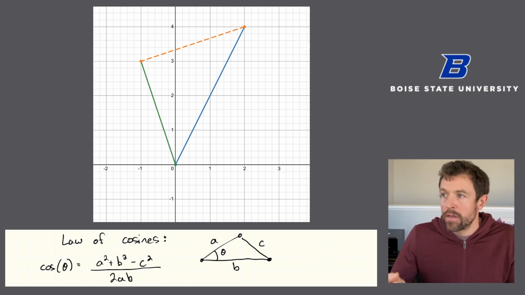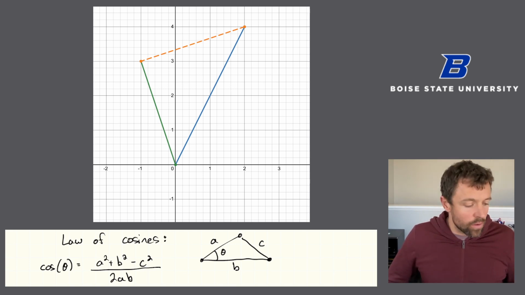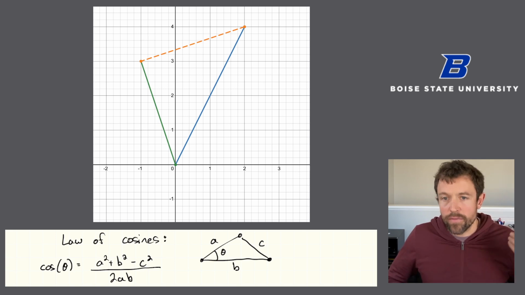Okay, so in this example, we could work this out if we wanted to, but I don't really want to go through the kind of detailed geometry because it turns out that we can rewrite this in terms of vectors. And I'm not going to go through the algebra. It is just algebra. You can figure out in R2, write down the vectors in terms of their coordinates, figure out what the length of the green vector is, what the length of the blue vector is, what the length of the orange vector is, and you could solve for theta.